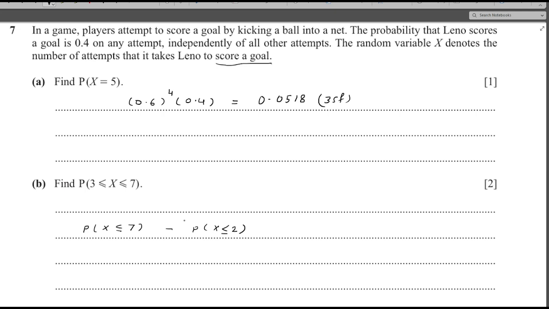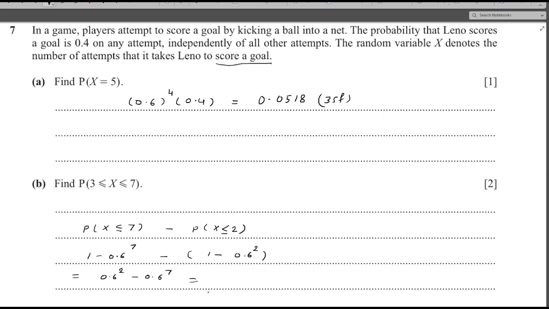So here this is your 1 minus, now possibility of not scoring a goal is 0.6, so it is 1 minus 0.6 power 7 minus, here it is 1 minus 0.6 power 2. Okay, so if I open the bracket here, it will become 0.6 power 2 minus 0.6 power 7.